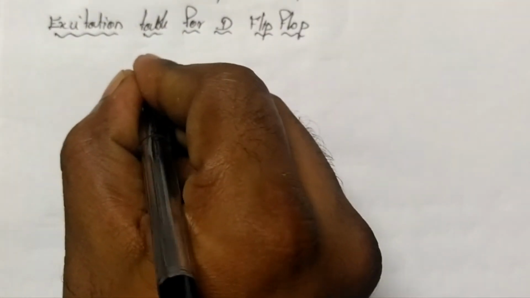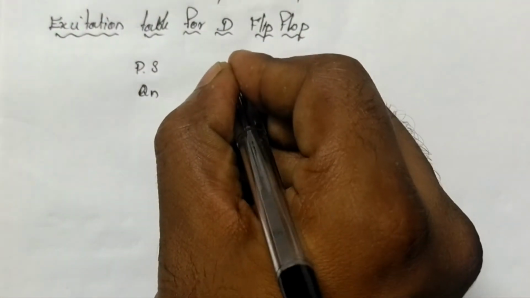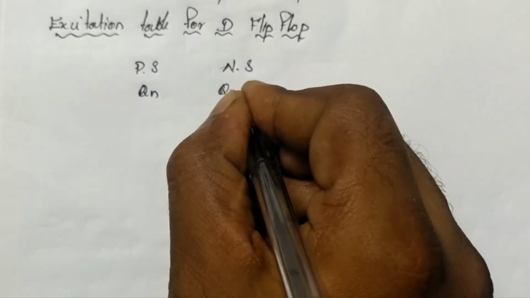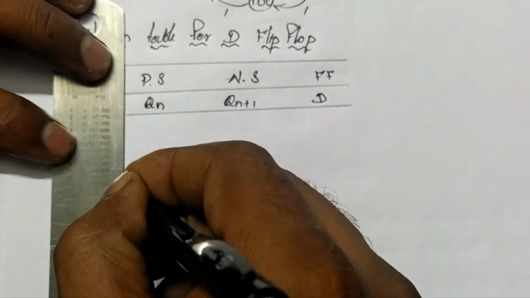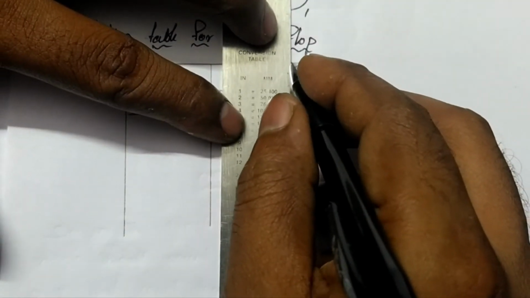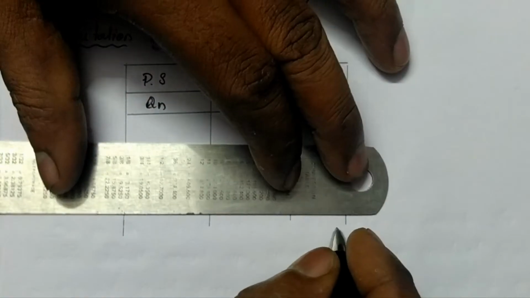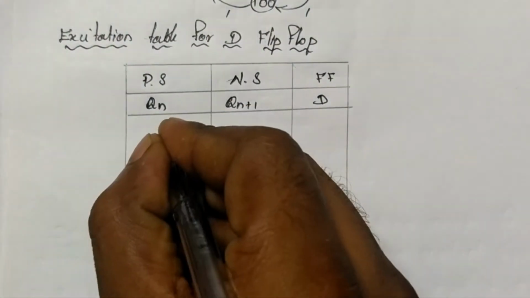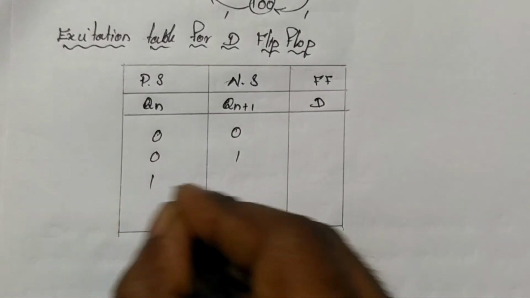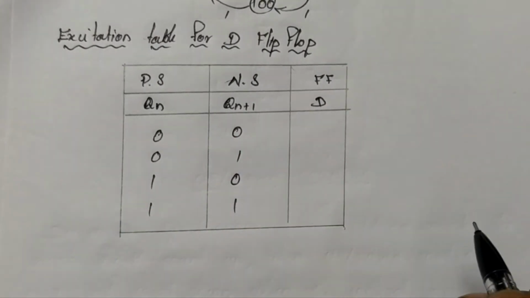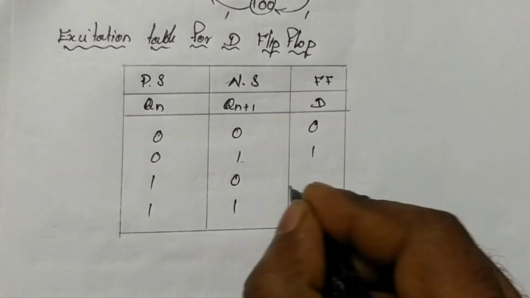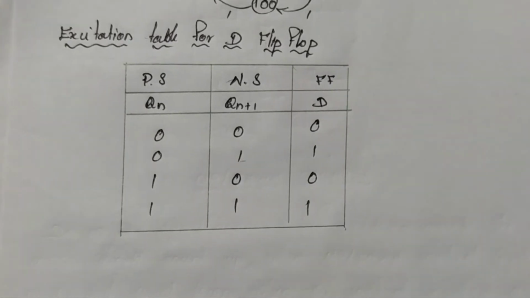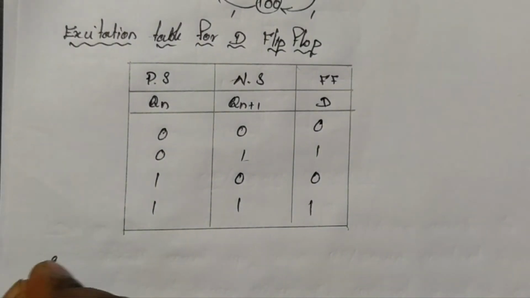Here first we have present state Qn and next state Qn plus 1 and the flip-flop input, it's D. Here it's 0 0, 0 1, 1 0, 1 1 for D flip-flop. Here the D value is equal to its next state value, therefore 0, 1, 0, 1. Then we need to go for the state table.